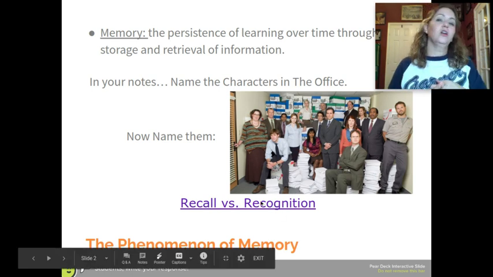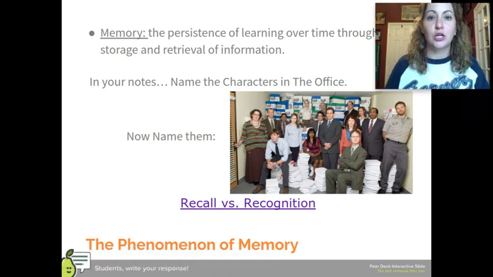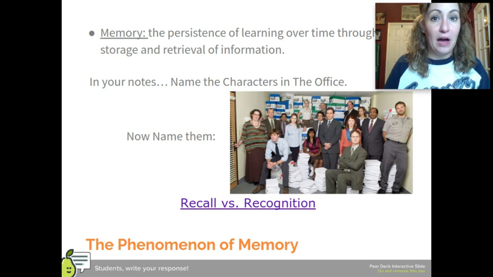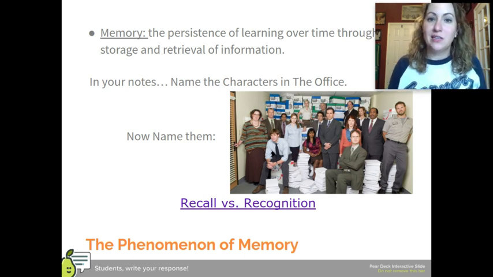Recall on a test would be like FRQ, short answer, fill in the blank without a word bank. Recognition, though, is generally easier: multiple choice, true false, matching. Those are typically easier questions.